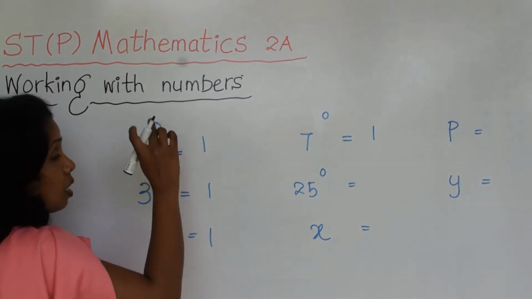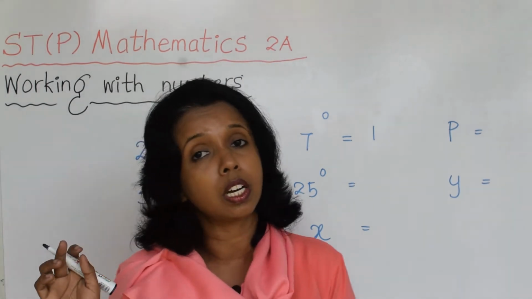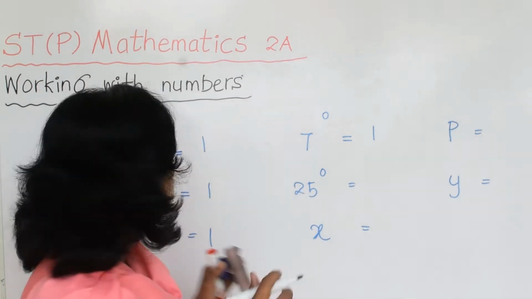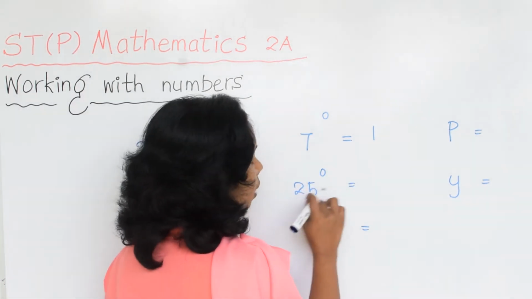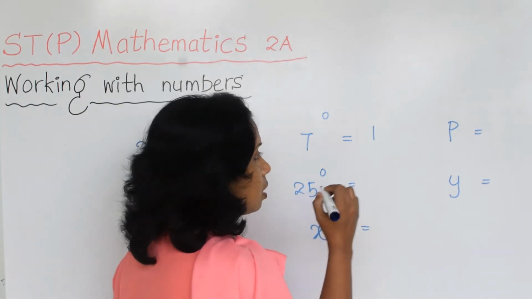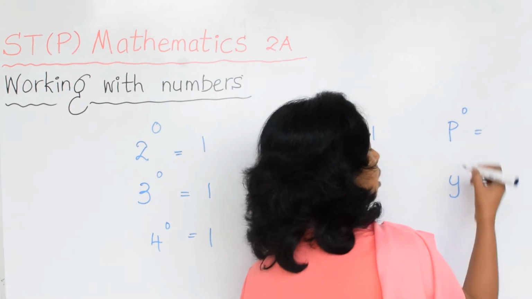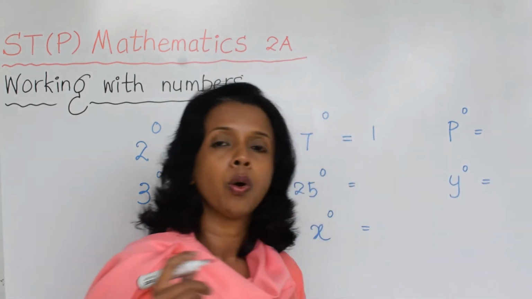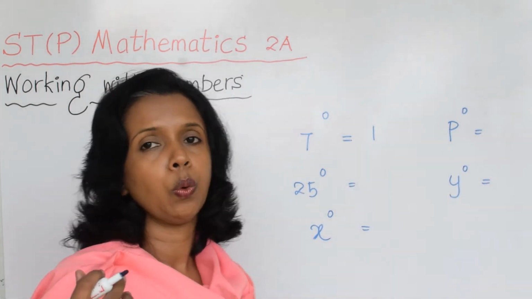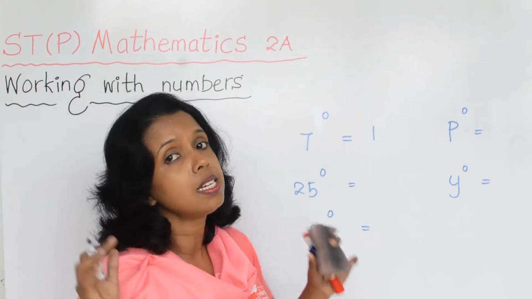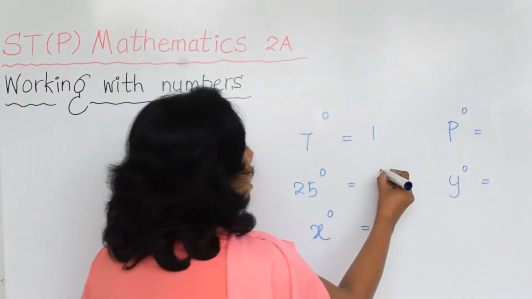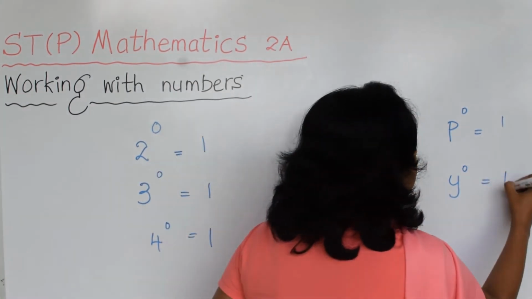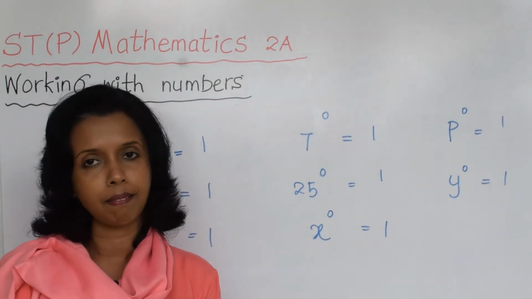So this is not the degree we use in our geometry lesson. So this is 3 to the power 0, 25 to the power 0, x to the power 0, p to the power 0, y to the power 0, right? That means that if the index is 0, the answer will be number 1, whatever the base value you have.